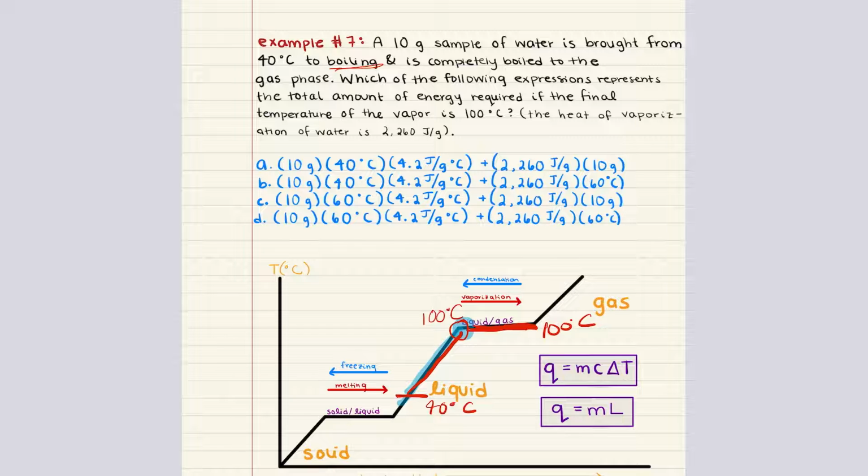Okay, so keeping that in mind, we're going to have to use two equations here to describe the two segments of our heating curve. The first segment is going from 40 degrees Celsius to 100 degrees Celsius. Here we have a temperature change that occurs, and so we would use our equation Q equals mc delta T to describe this first segment.